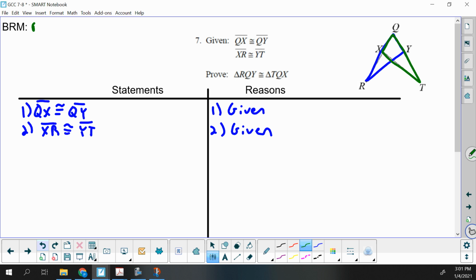We're going to say reflect triangle RQY over, and what that would be is the bisector of angle Q. Because we didn't actually have that segment there, we couldn't really write it with our notation very easily.